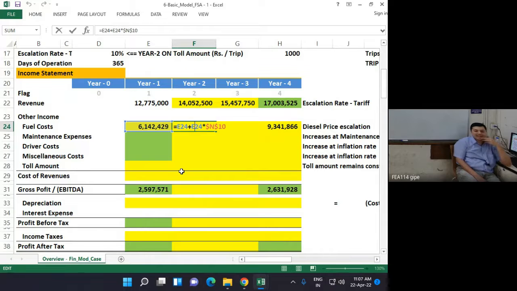Correct. Escalated inflation 10. Correct.